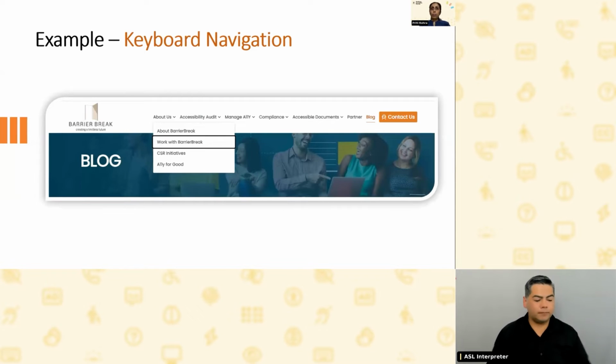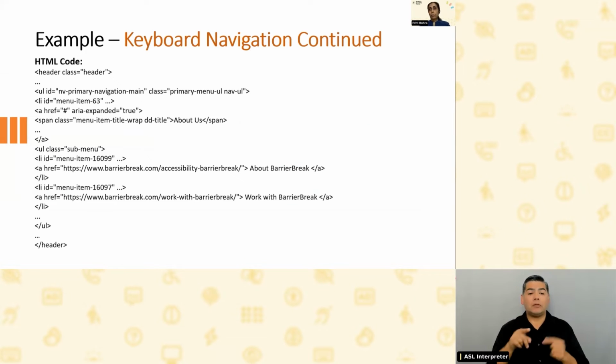So here's an example of the Barrier Break website, the top navigation, where under the About section, a Work with Barrier Break option is selected. Now all these options, whether the top navigation or the submenu options, are all tabbable and focusable with the keyboard. What we have done, no rocket science. It is basic HTML markup.